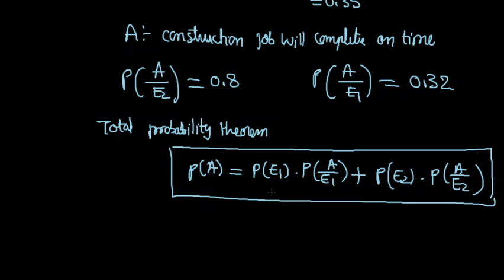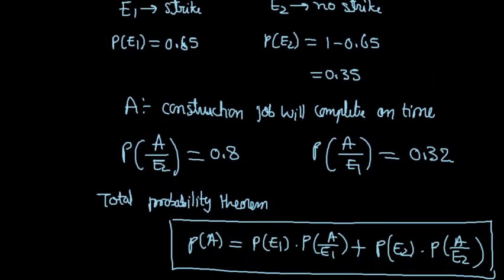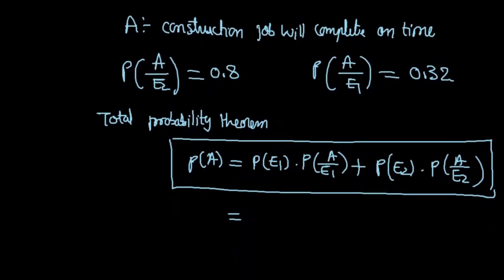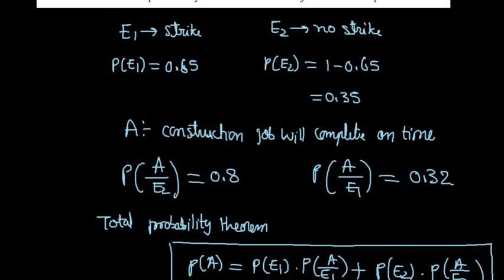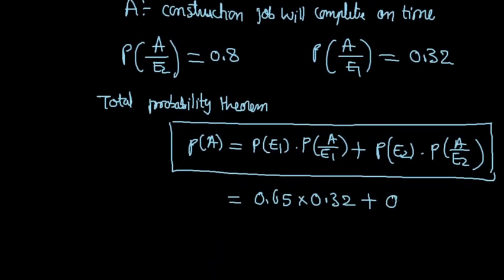Here P(E1) is 0.65 into P(A|E1) which is 0.32, plus P(E2) is 0.35 into P(A|E2) which is 0.8.